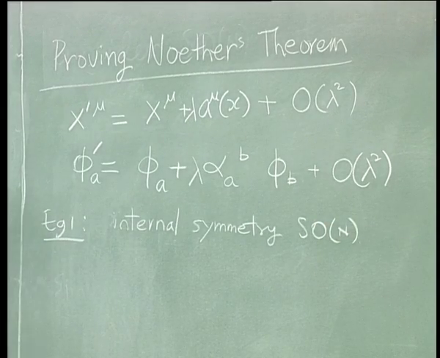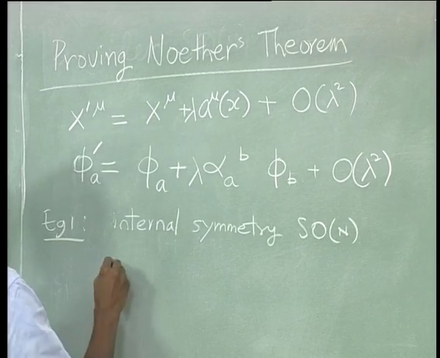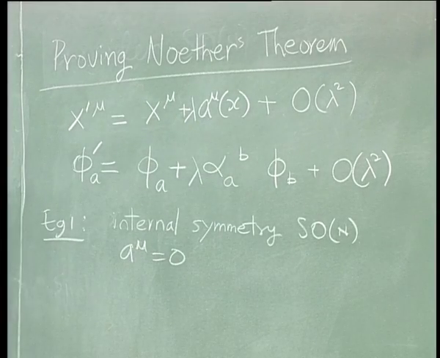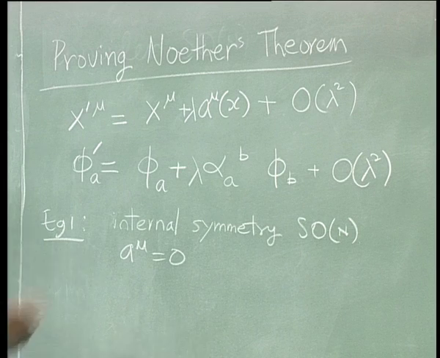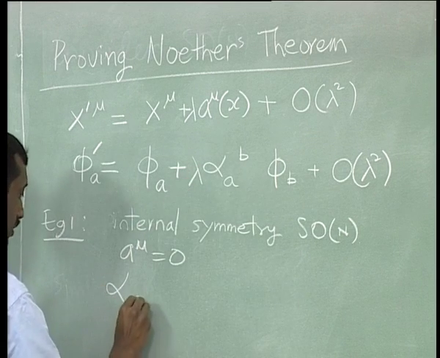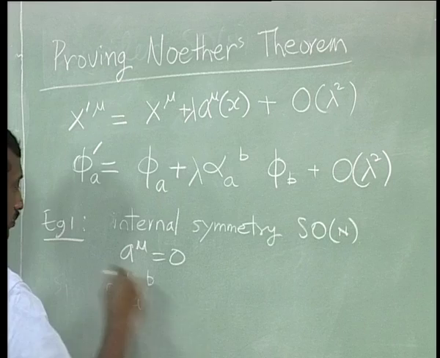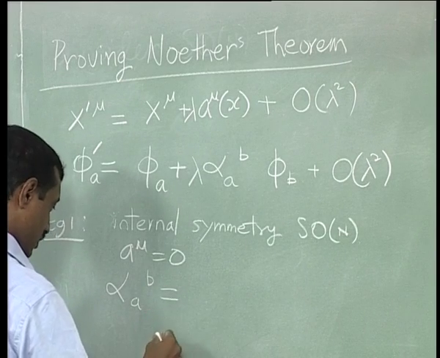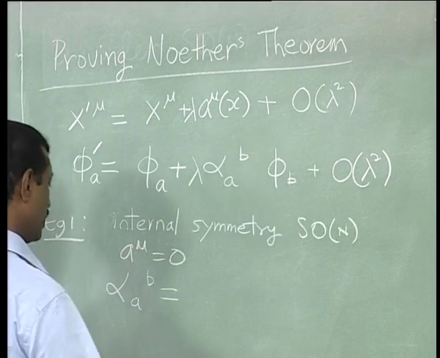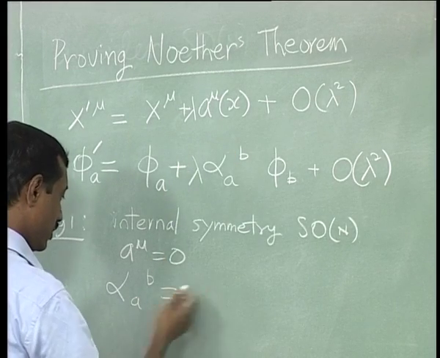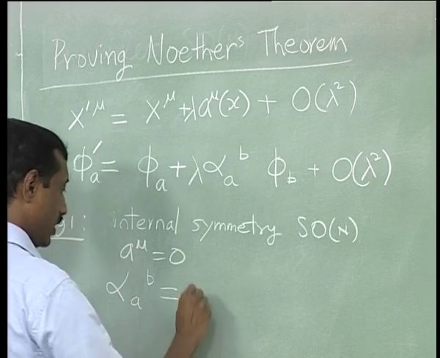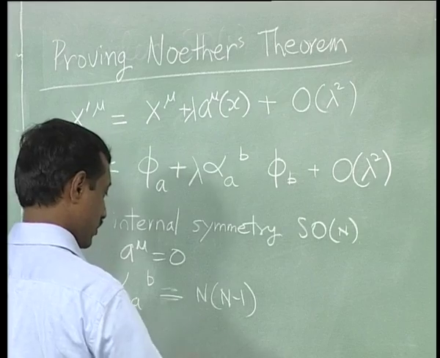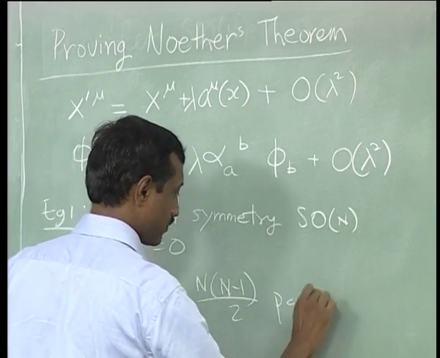In such cases, for this example a mu would be 0, it does not act on it, but it does act on this alpha a b, which would be those parameters which I wrote. Actually, let me leave it this way, alpha a b will be the n into n minus 1 by 2 parameters.